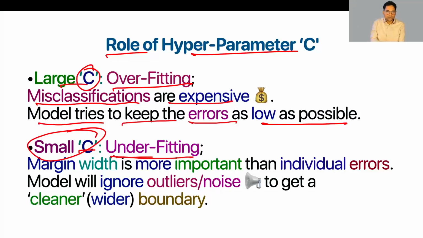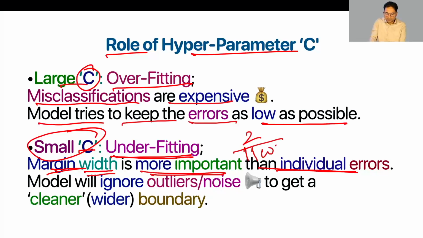So I will try to increase the margin width. That is more important than individual errors. So even if I make errors on the individual points, meaning I'm not getting the pattern right, the margin width should be maximized.